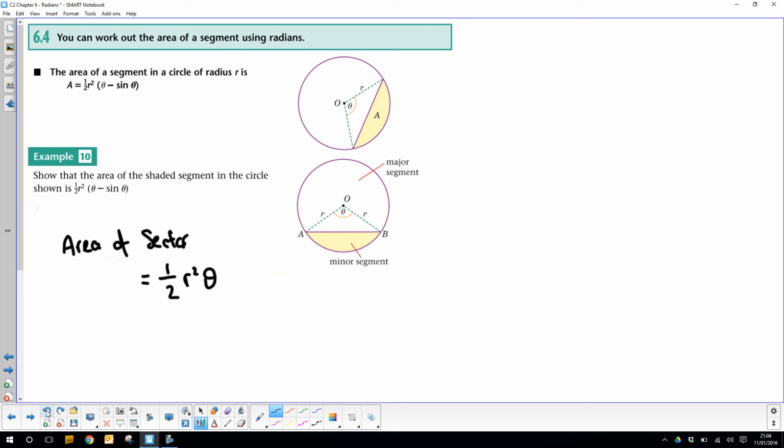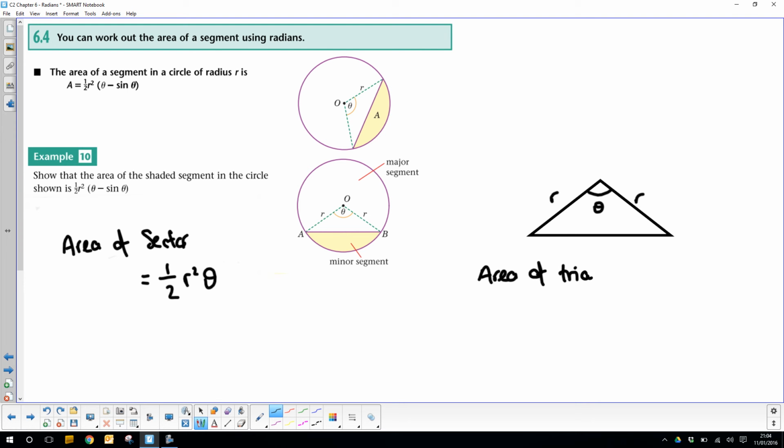We can try and roughly make it look a similar sort of shape, and that is theta. We've got r and r. So actually we've got plenty of information there. We've got the angle in between the 2 radii. So if we think about the area of the triangle, we can work that out.